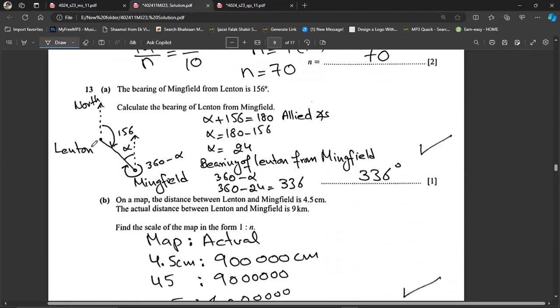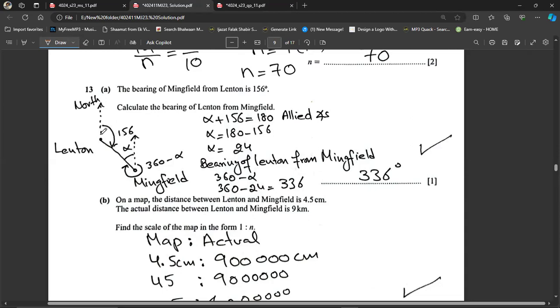Suppose there is a lantern and there is the Ming field. On the lantern make north. From that north, if you go clockwise to the road to the Ming field, the angle is 156. We want to make north on the Ming field and go clockwise to this road; that angle is the bearing of the lantern from the Ming field.